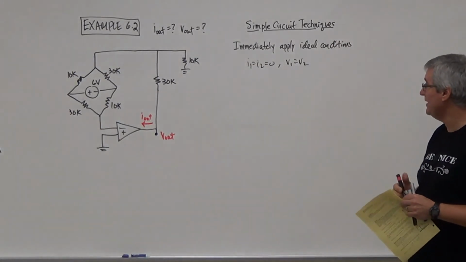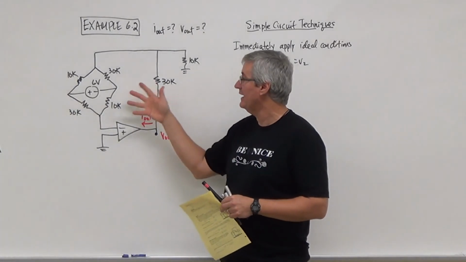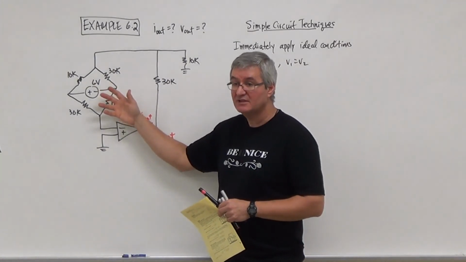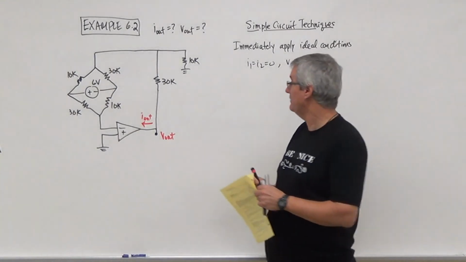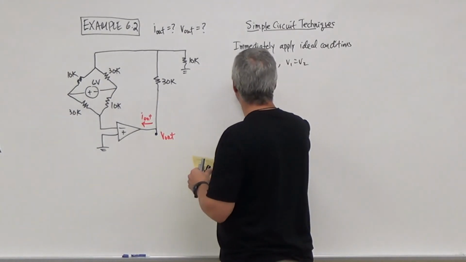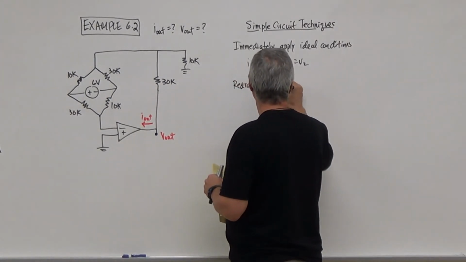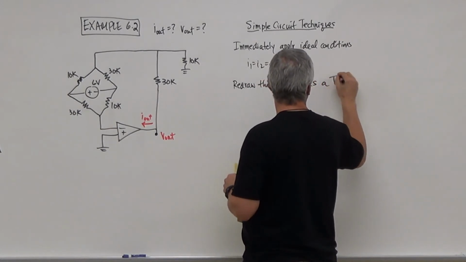Conceptually, when I start to look at the circuit, I can take any circuit and I can redraw it as a Thevenin circuit. Right? So that means here that I can redraw this circuit as a Thevenin.